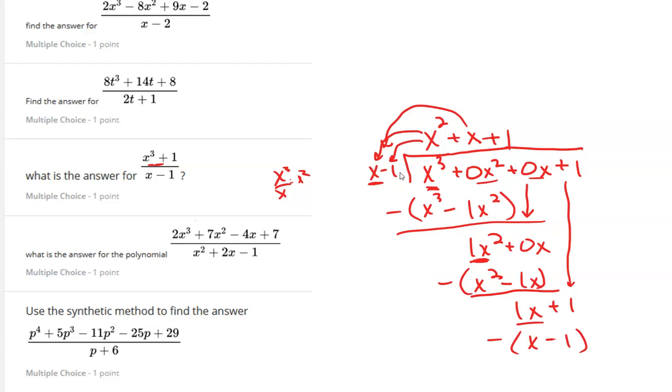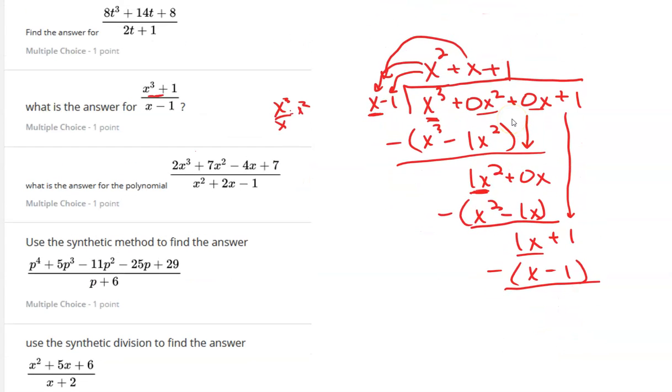And then you subtract. All right, x minus x goes away, and then 1 minus negative 1, that's actually a positive 2, right? So you have a 2, and this is a remainder right here. So we have a remainder of 2 this time.